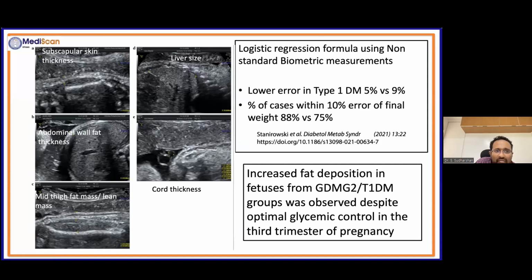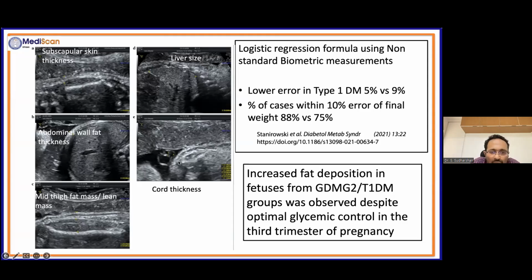This does involve many more measurements over and above our standard biometric parameters. But if it improves our prediction, this may become the norm a few years later, but not yet, because these formulae have not been established in larger populations, and doing it on a routine basis would be challenging.